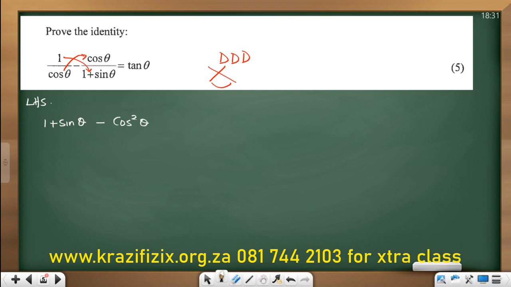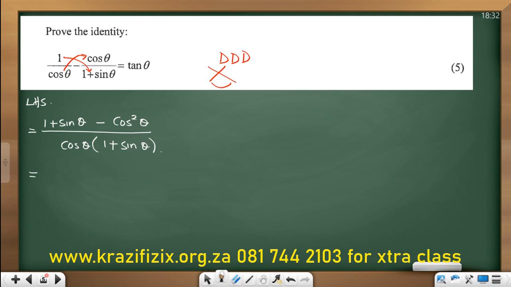So I am done with my 2Ds. Diagonal, diagonal. So I did the first diagonal, I did the second diagonal. I am going to do the denominator. Just multiply it. Cos theta into bracket 1 plus sine theta. That's what I have using my DDD.